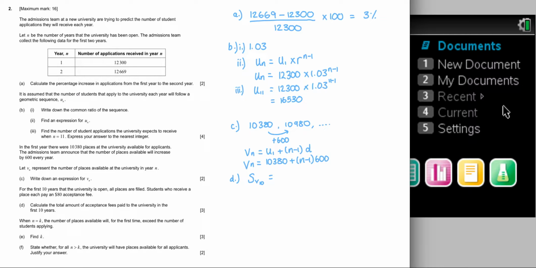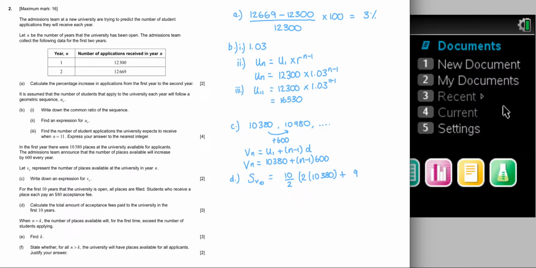Okay, don't worry too much about notation there, but it's going to be using your arithmetic summation formula, n divided by 2 lots of U1 plus n minus 1 lots of the difference.